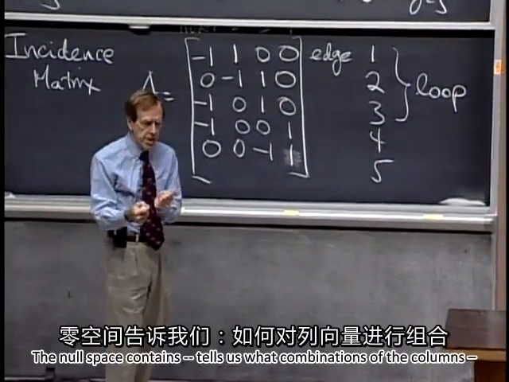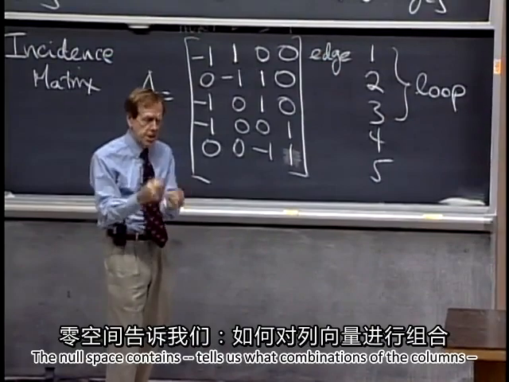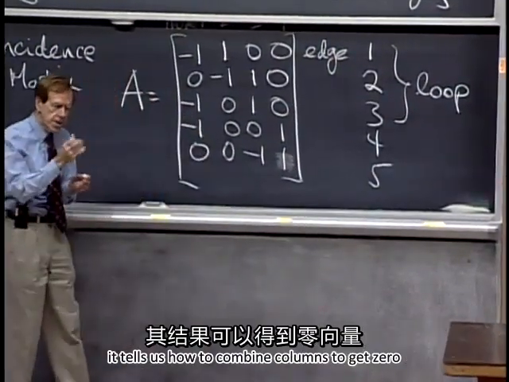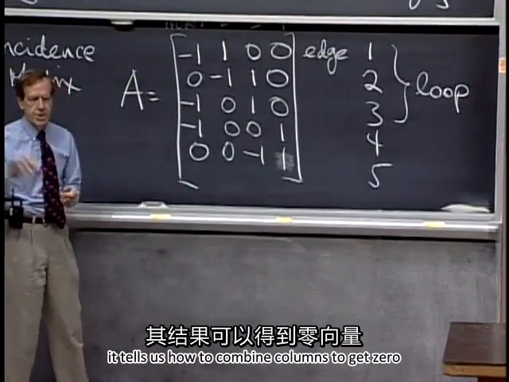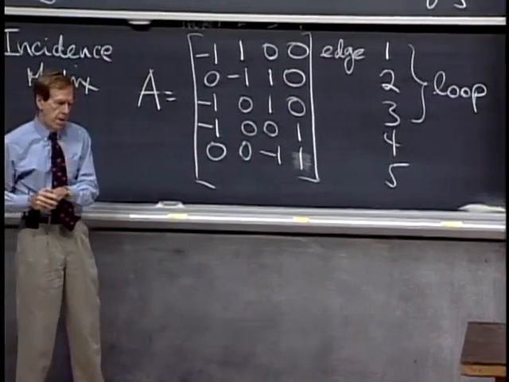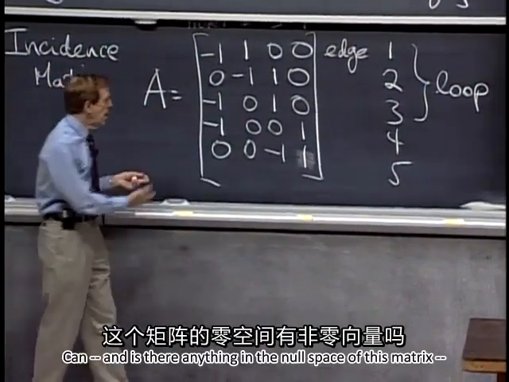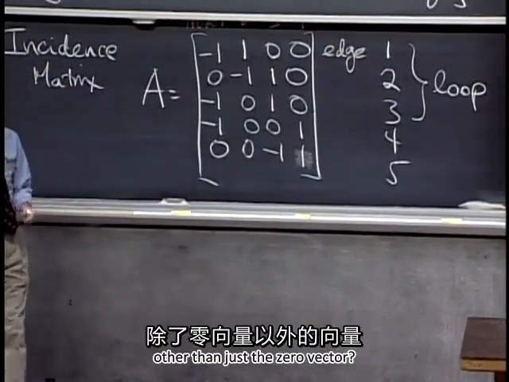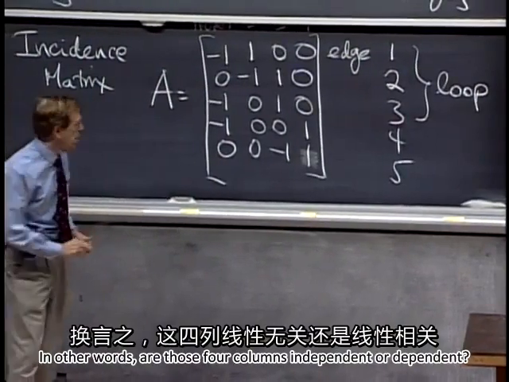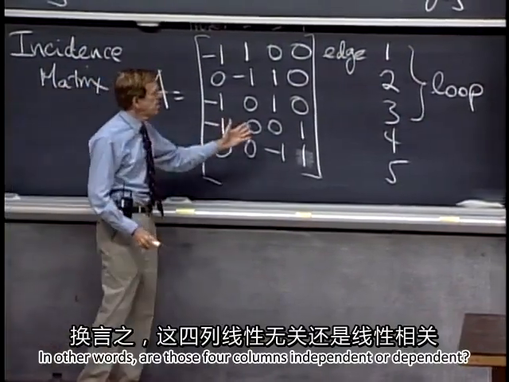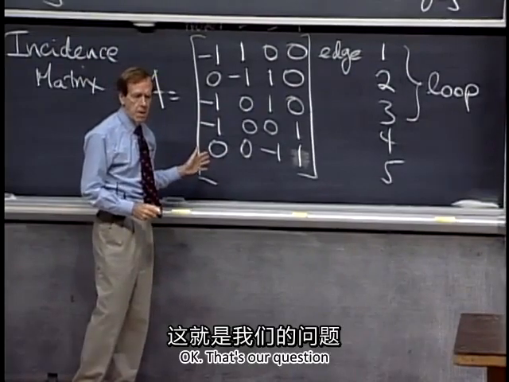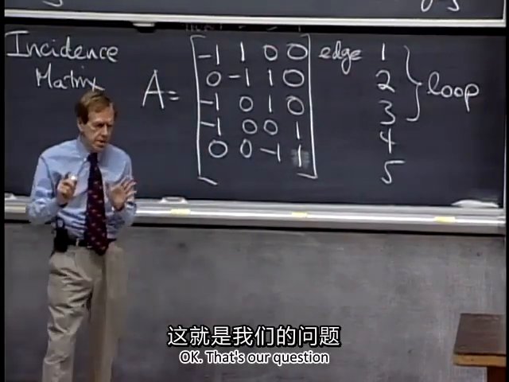The null space tells us how to combine columns to get 0. And is there anything in the null space of this matrix other than just the 0 vector? In other words, are those 4 columns independent or dependent? Okay, so that's our question.